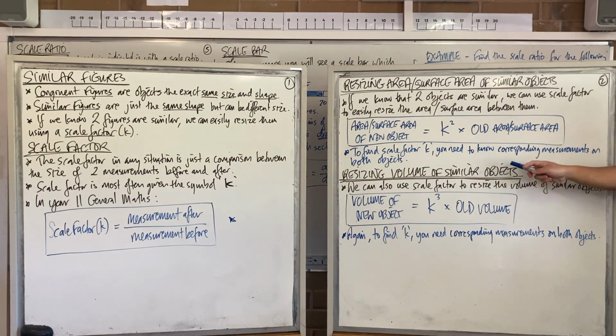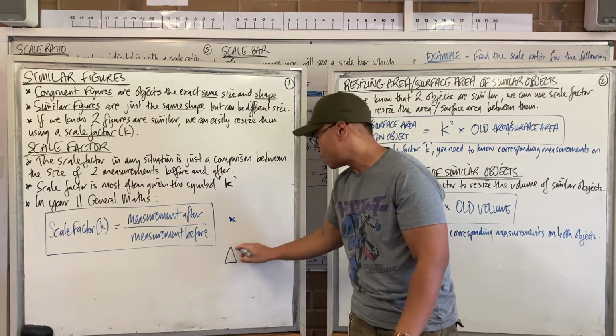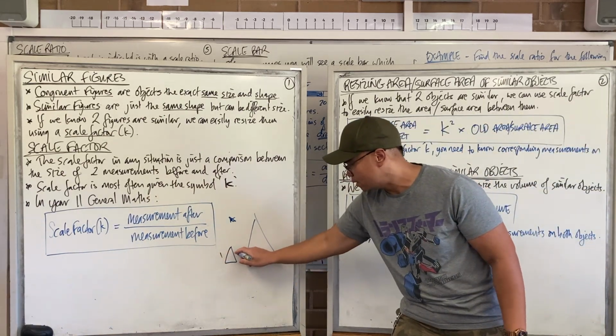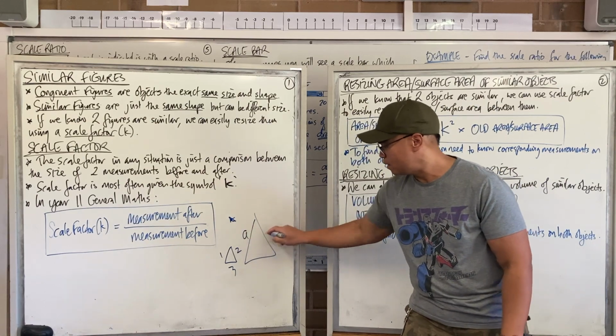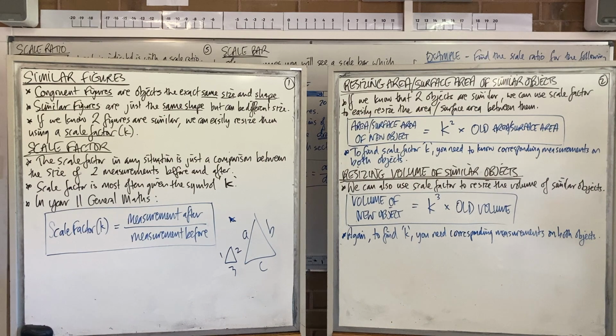To find the scale factor, you need to know corresponding measurements on both objects. So what does corresponding mean? If I had a small triangle here and a large one there, if I said this was 1, 2, 3, and this was A, B, C, in the smaller and the bigger triangle, what number and letter corresponds to each other? 1 and?